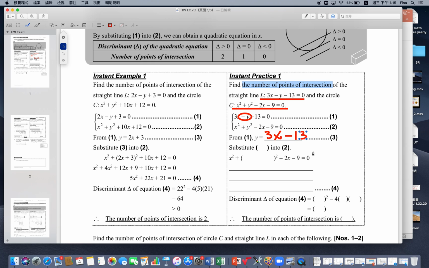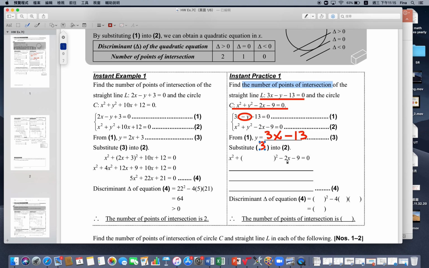After I make y the subject, it is y equals 3x minus 13. Now this is called equation 3, and I can substitute it into equation 2.